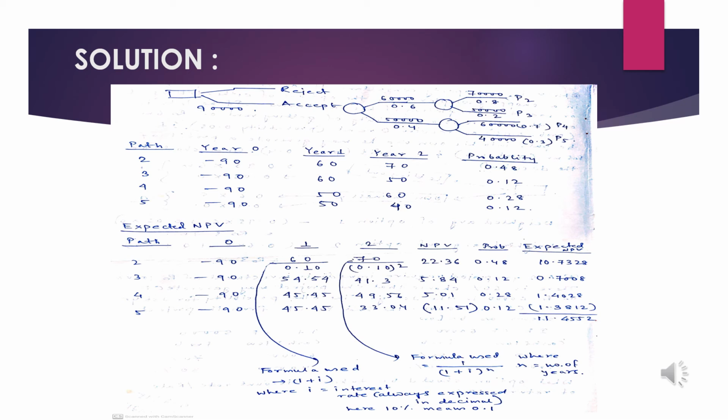Whereas if the organization rejects the project, the organization loses that similar amount of money. So from the decision tree, we have calculated that the project should be continued and the organization should go on with the 90,000 investment.